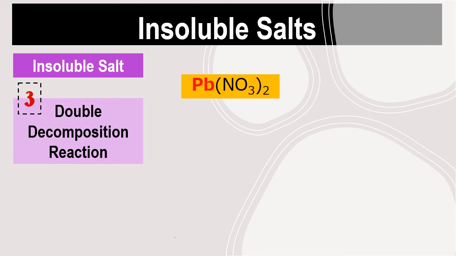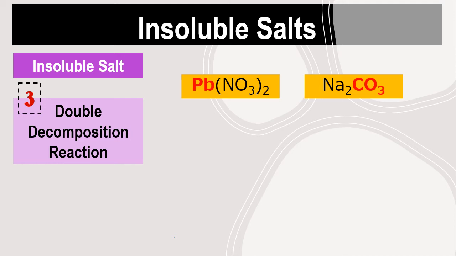Let's say kita nak prepare garam lead. So I need soluble lead salt, which is lead nitrate, sebab kita tahu bahawa all nitrate salts are soluble. Cikgu tambahkan dengan satu lagi soluble salt, which is sodium carbonate.